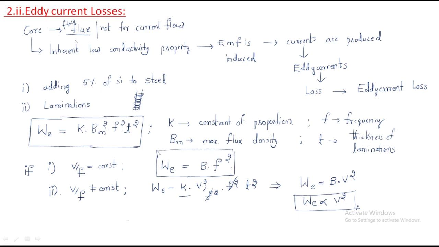Finally, for the combination of eddy current loss and hysteresis loss, case 1 is when V by F equals constant. The total iron loss is A into frequency plus B into frequency square.